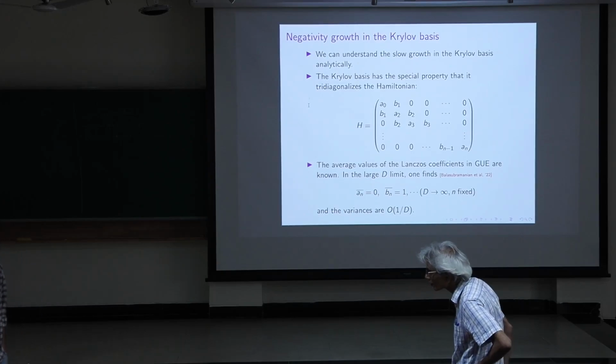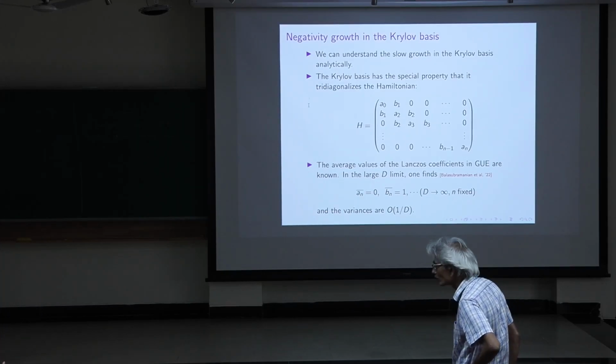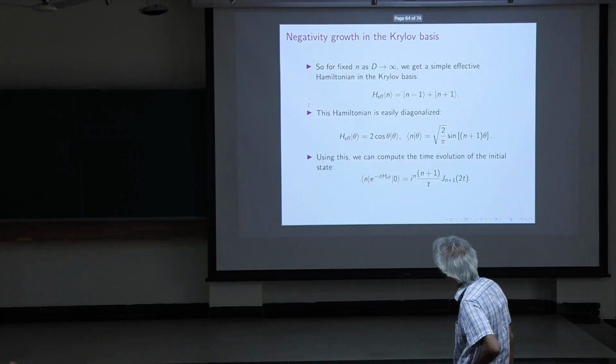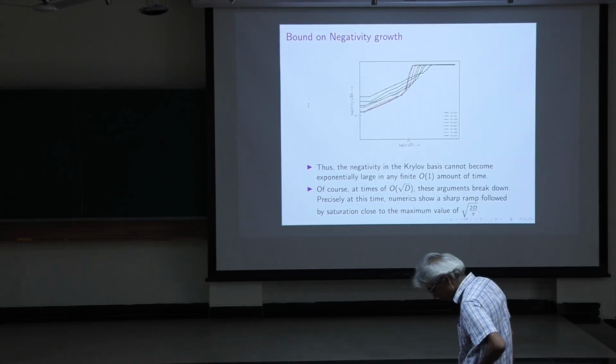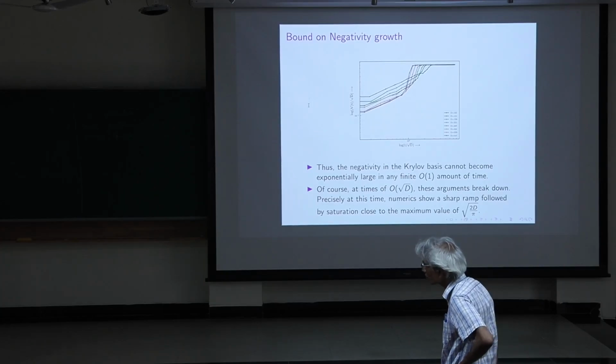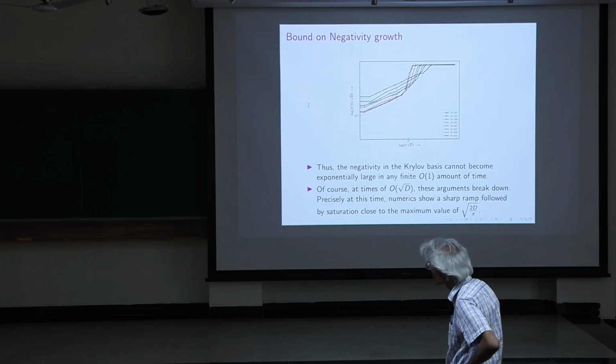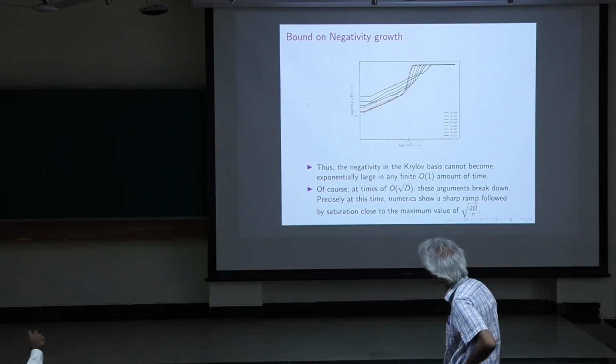Just a follow-up. You use the Gaussian unitary ensemble, and at least there, if I'm right, you find that in the Lanczos basis, this negativity grew more slowly up till a time of, what, a root t? Yes, that's right. And then it sort of goes away. That's right. It seemed that these coefficients are related to the double trumpet, the spectral form factor.